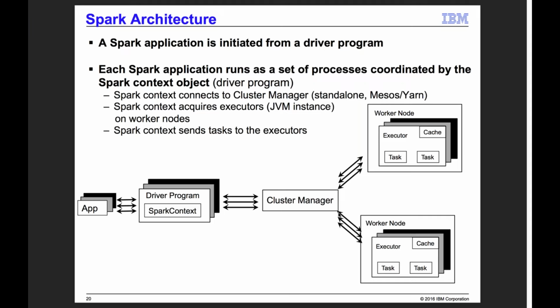After connecting to the cluster manager, it acquires the executors. Executors are nothing but worker nodes, where each worker node can have multiple JVMs, and each JVM is an executor. So it asks, what are the worker nodes and what JVM instances can I run my job on? That's what the Spark context does working with the cluster manager.